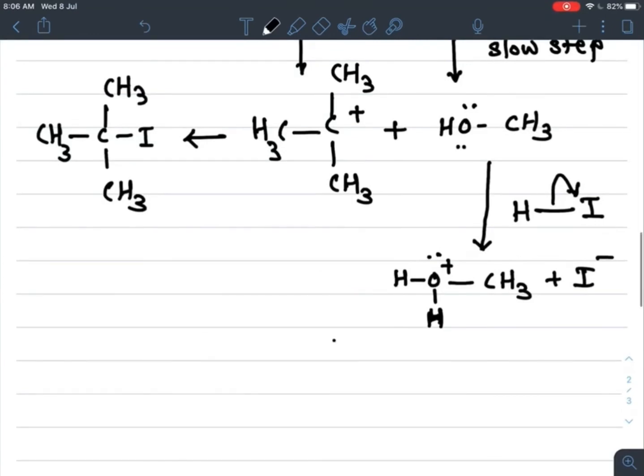Now this I minus combines with this CH3 plus. What happens here? Oxygen is less stable. To get stability, this bond breaks heterolytically.